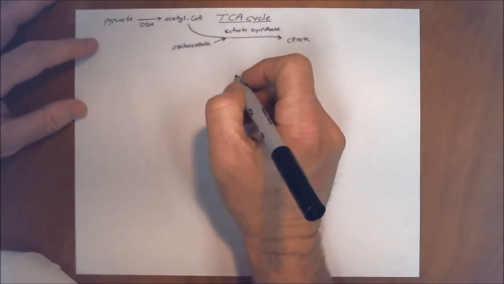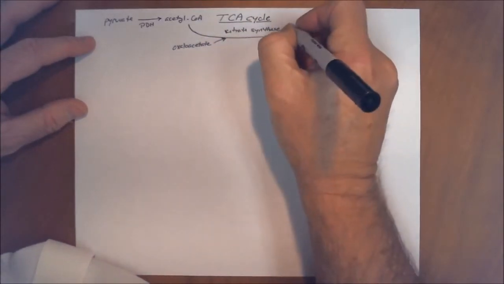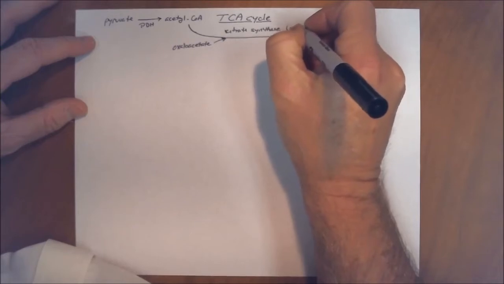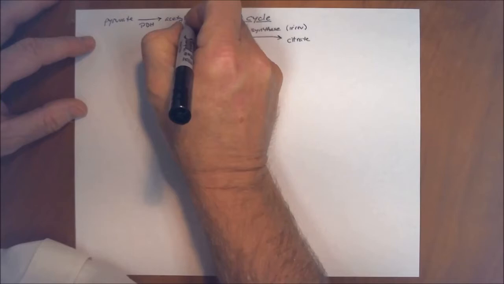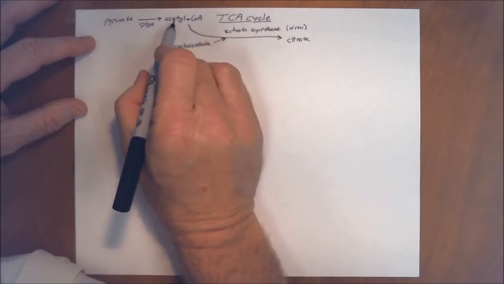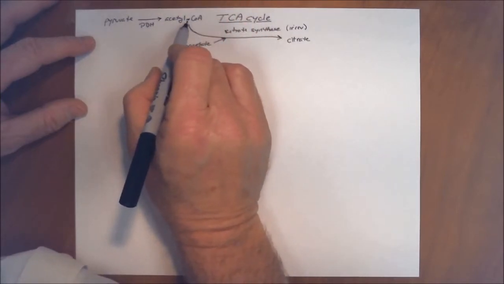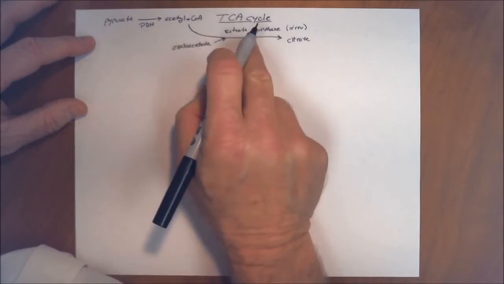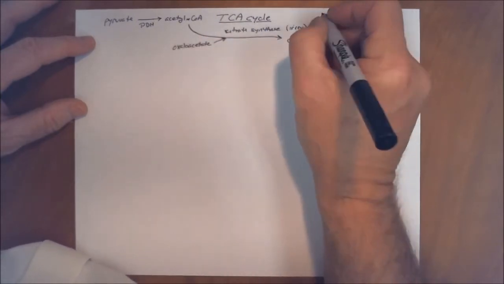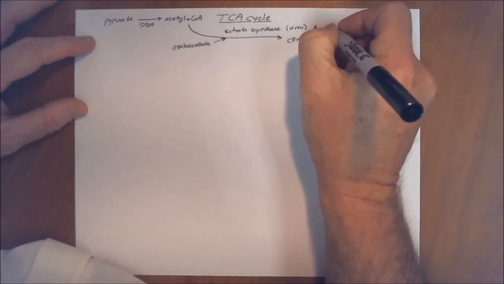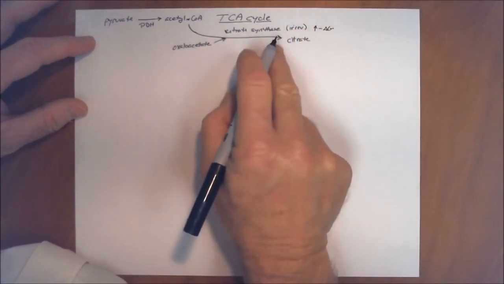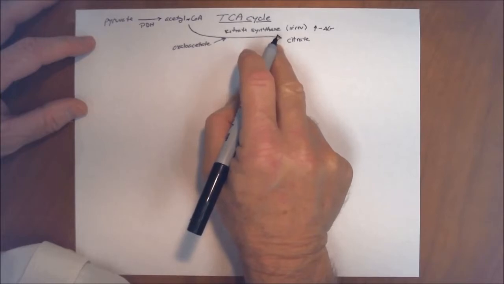Now, important to note here that this reaction is irreversible in the body. It's irreversible because recall that this bond between the coenzyme A and the acetyl group is a high energy bond. And so this is a very exothermic reaction, having a very high negative delta G, making this a one-way irreversible reaction.